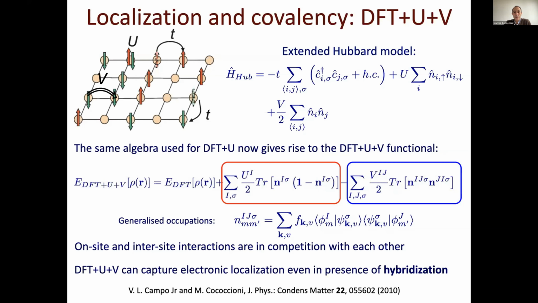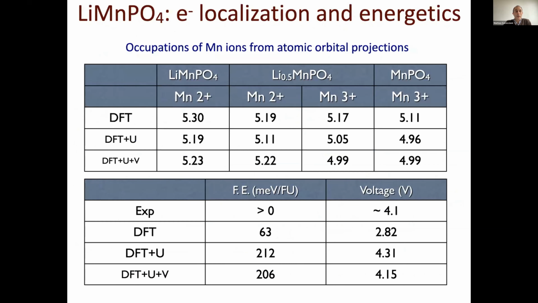So you have a nice tool now that basically allows you to capture electron localization in presence of hybridization, but you need to be able to compute these, and you will see how to compute this in the next talk by Timrov.